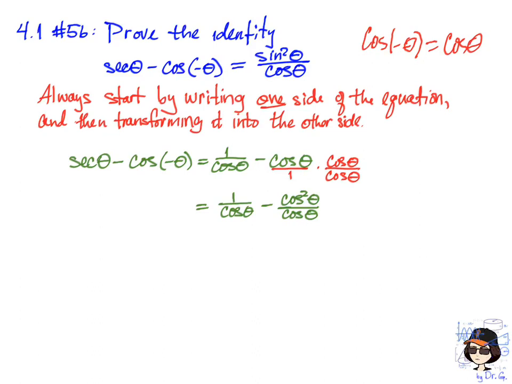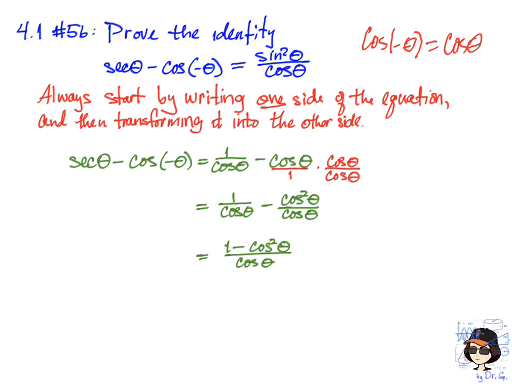All right, so now that we've got a least common denominator, we can subtract. And remember, the denominator stays the same, but you just subtract the numerators. So we have 1 minus cosine squared theta over cosine theta. Now we recognize that numerator using one of our versions of the Pythagorean identities.